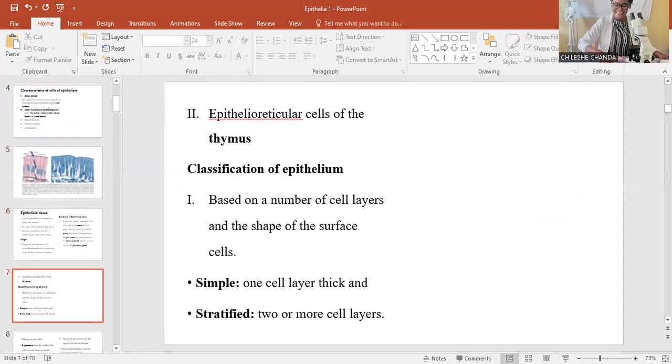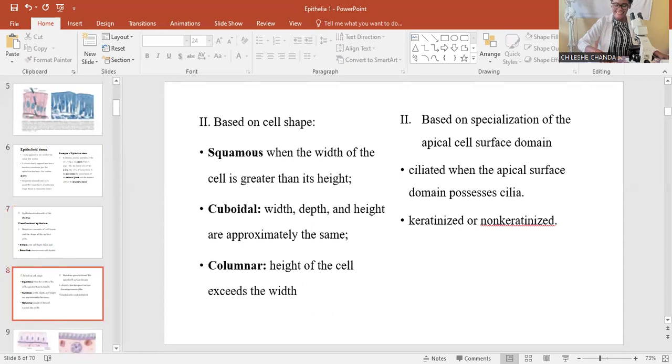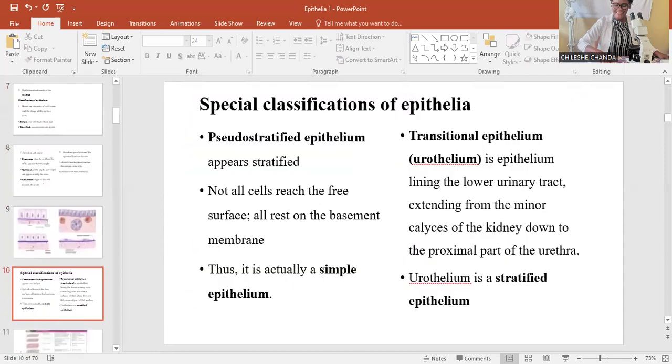They may not have a basement membrane, but they are epithelial cells and they carry out functions of epithelial tissue. We talked about the shapes of the epithelial tissue: squamous, cuboidal, columnar. Okay, we went ahead and talked about the special classifications, which are pseudostratified and transitional.